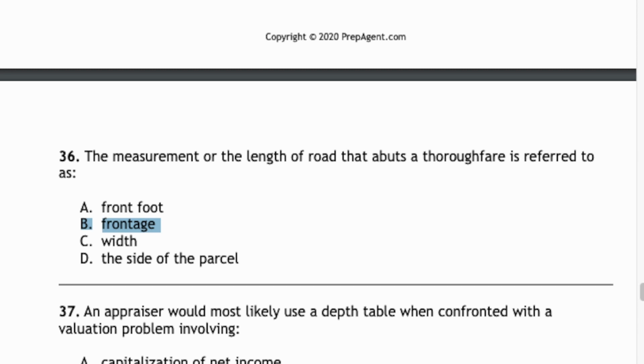The reason for this is frontage is a term used to describe or identify that part of a parcel of land or an improvement on the land which faces the street. So the measurement of the length of road that abuts a thoroughfare. I think the challenge is to know what the word thoroughfare means, which is in the question.